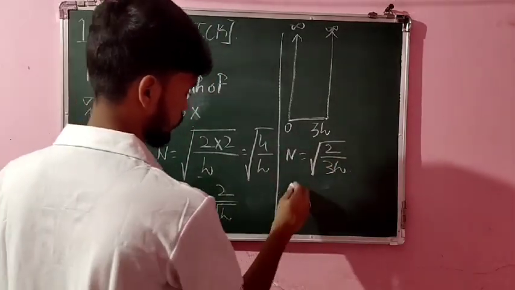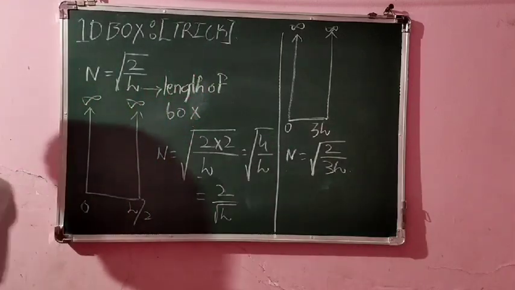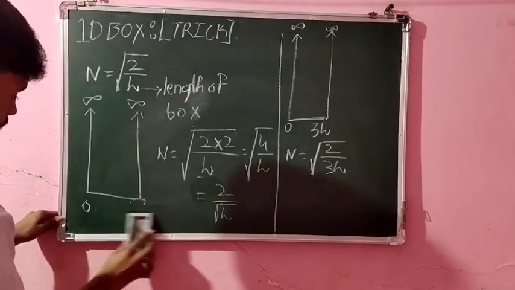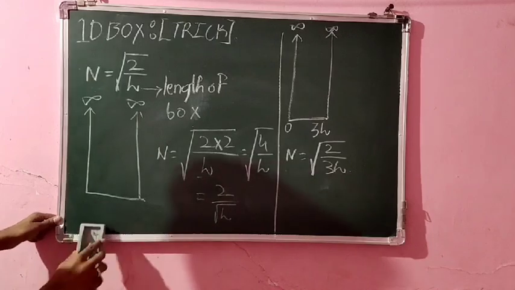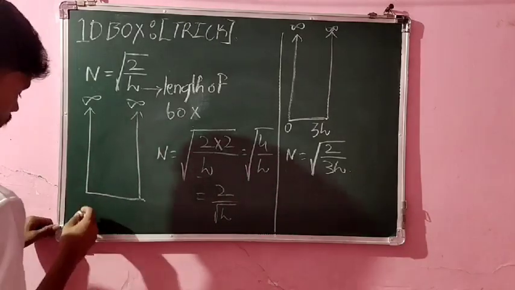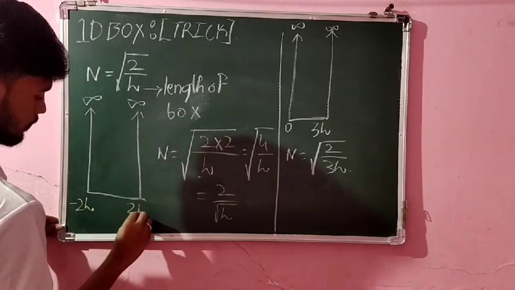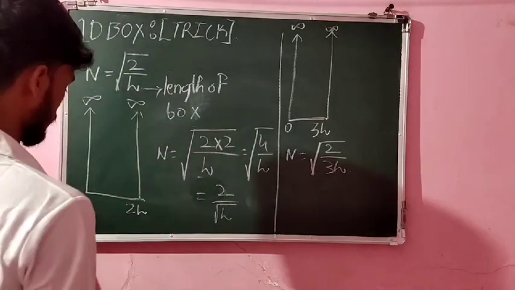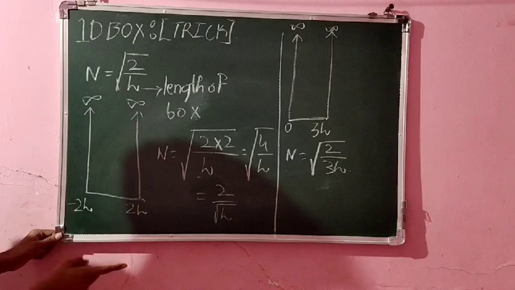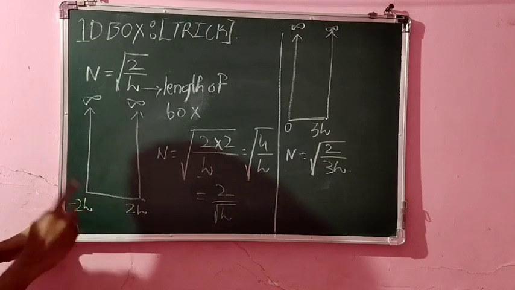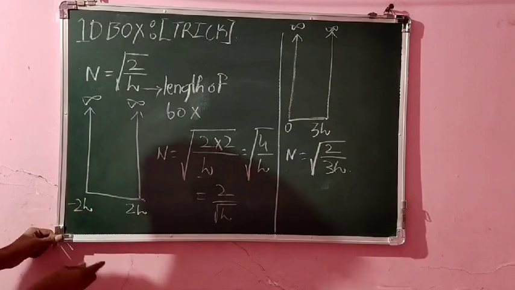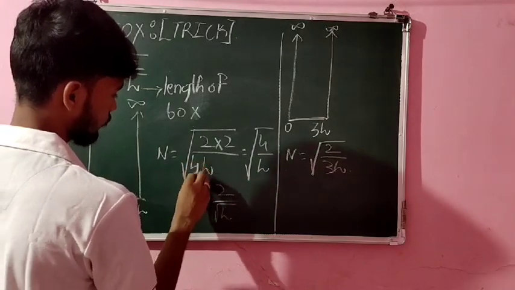Let's take one more example: minus 2L to plus 2L. Now the length of the box is 4L. Minus 2L to 0, and 0 to 2L, so totally 4L. So the length of the box will be 4L this time.